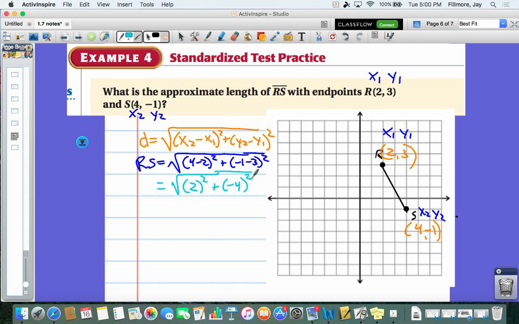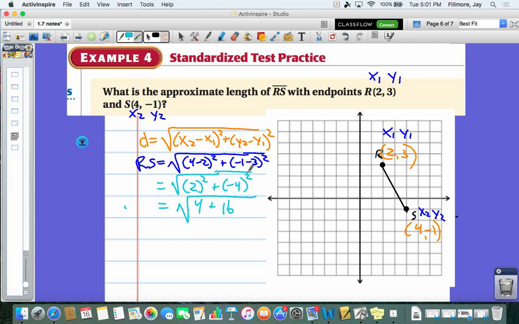Now there are 2 big mistakes students usually make. One is not leaving this stuff in parentheses. Okay? Here's why. If you didn't leave this in parentheses and you just typed it in your calculator, well, 2 squared is still going to give you 4. If you type this in your calculator without the parentheses, it's going to give you -16, when really it's supposed to be +16.